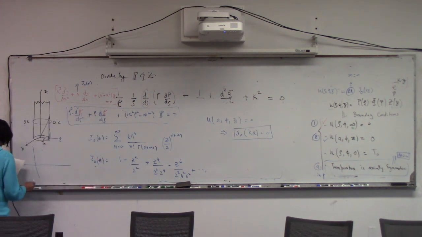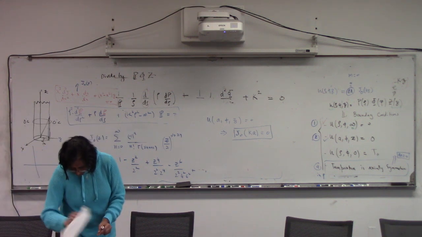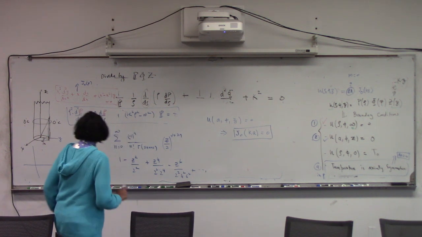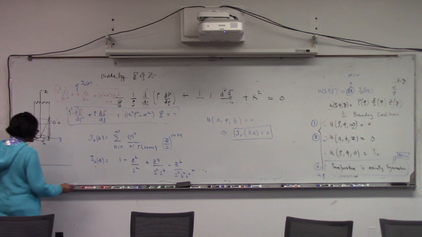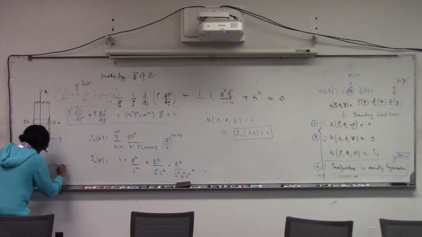So J0 of x, it starts at 1, I think. z equal to 0 is 1. It starts at 1 and it sort of oscillates.